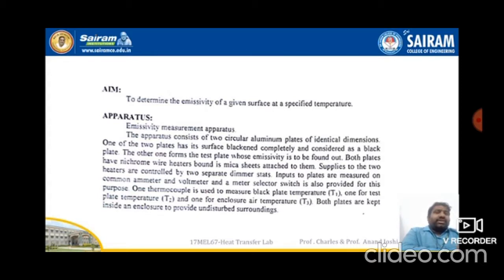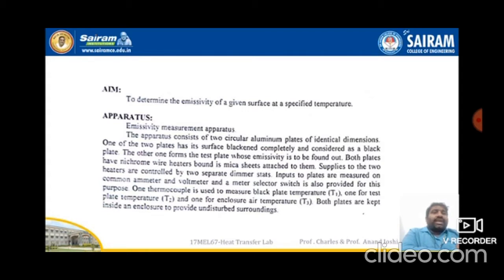So here the apparatus is the emissivity measurement apparatus. The apparatus consists of two circular aluminum plates of identical dimensions. One of the two plates has its surface blackened completely and is considered a black body or black plate, and the other forms the test plate whose emissivity is to be found out.